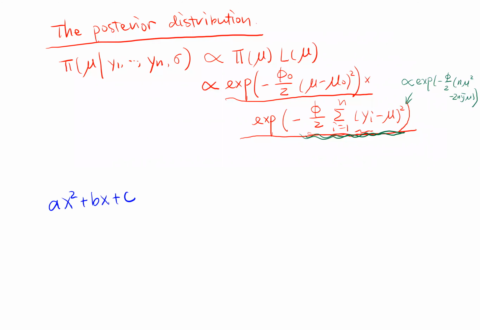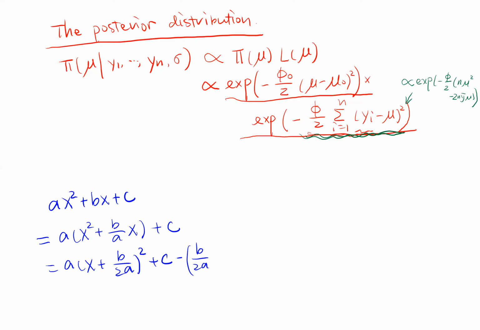I haven't done this for a while, so that gives you x plus, I think it's b over 2a, squared, and then still plus the constant c, but you have to subtract the extra term. So this is the standard practice of completing a square.